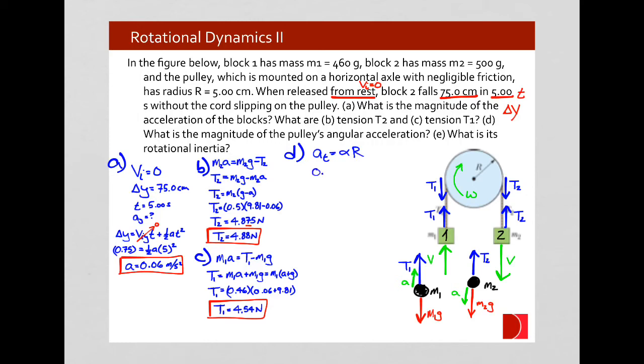In this case, we found the tangential acceleration. That is the constraint of the rope and the pulley. And we know that the radius of the pulley is 5 centimeters. And so we can find that the angular acceleration of the pulley must be 1.2 radians per second squared.